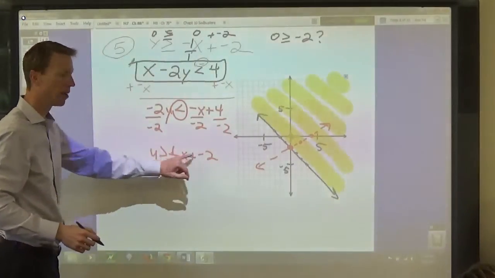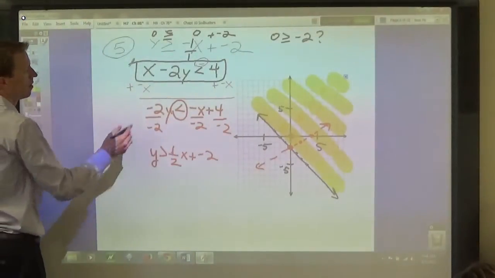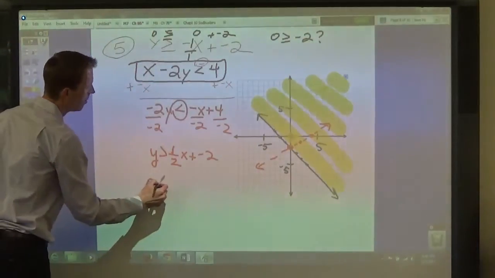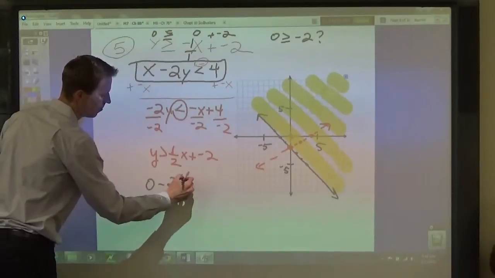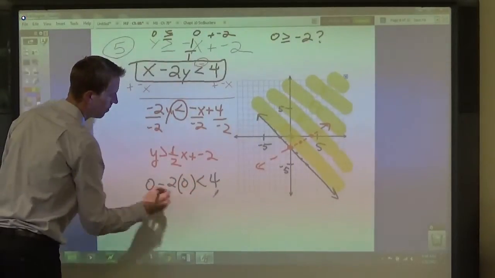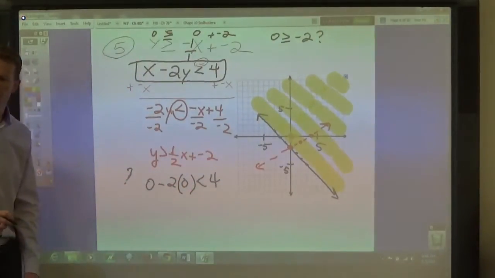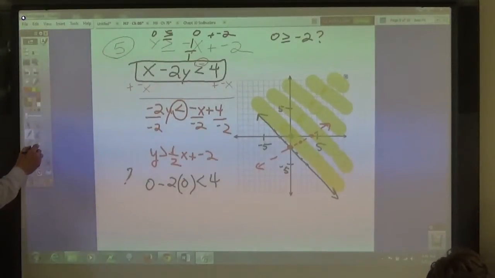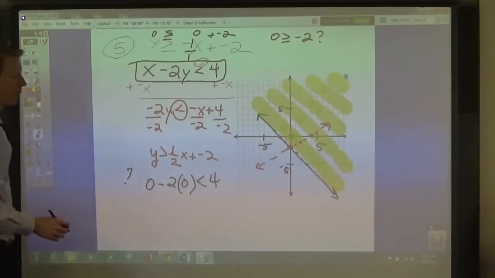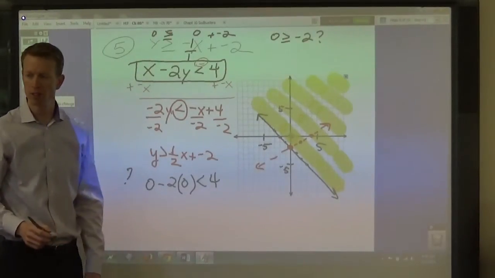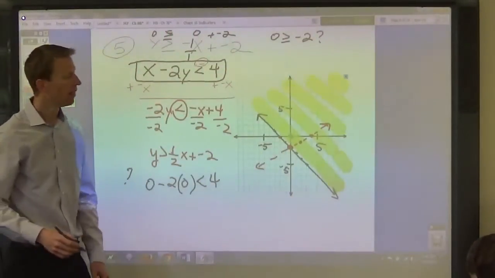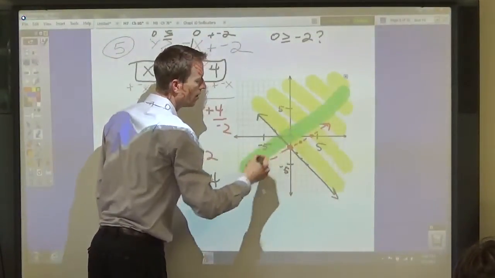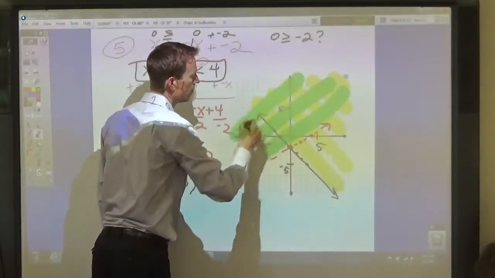Or you can use this one. 0 minus 0 is less than 4. Is that less than 4? Yep. So we should shade which direction? Away or toward 0, 0? Yeah, it's true, isn't it? If 0, 0 is true, then we have to shade this side.